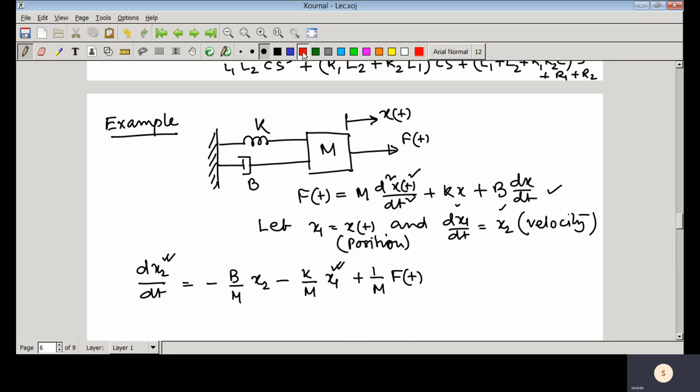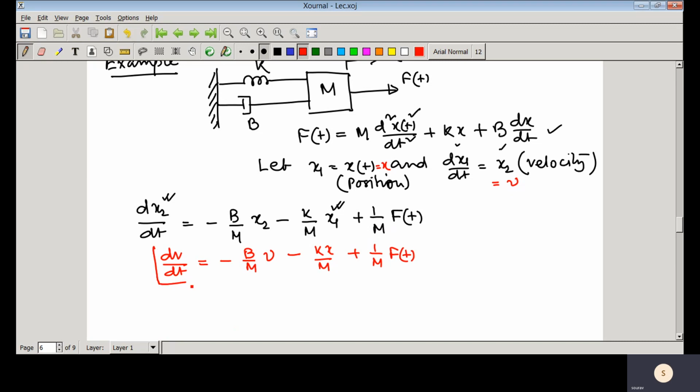So we can just write it like that, dv by dt equals minus b by m v, where x2 equal to the velocity, and x1 equal to the position, that is x. So minus kx by m plus 1 by m Ft. So we have just written the differential equation in terms of the velocity and the position.